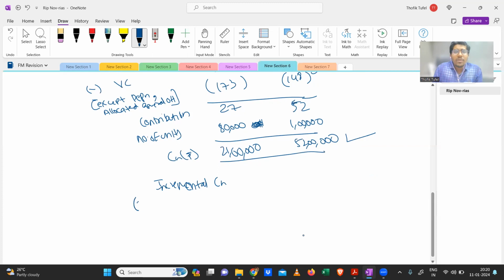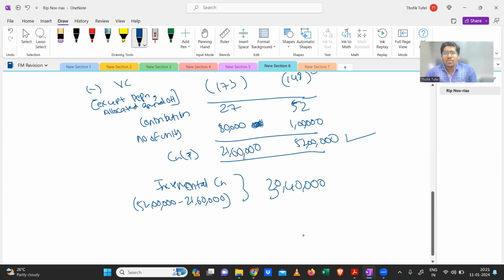It is nothing but 52 lakh minus 21 lakh 60,000. I am getting 30 lakh 40,000 rupees, so I have to take 30 lakh 40,000 rupees as my cash.